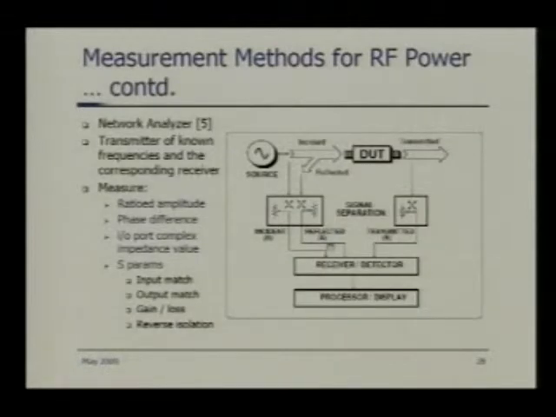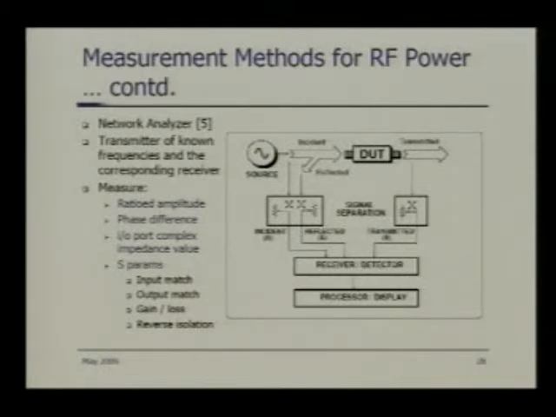Whereas in the case of a network analyzer, since we are applying the RF waveform, the output and input are always synchronized because we know the frequency upfront, what frequency we are applying. So it actually takes a lot of complexity out of the measurement instrumentation.